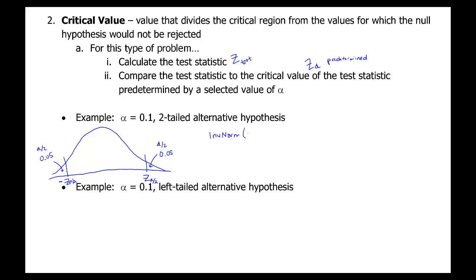So the negative one, the area to the left of that is 0.05. The z distribution has a mean of 0 and a standard deviation of 1. And we get the value negative 1.645 if you were to plug that into your calculator. So this negative z over here is negative 1.645. The positive z, the mirror image, would be positive 1.645.